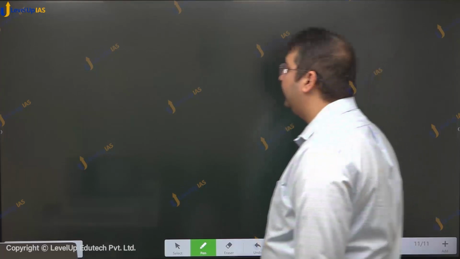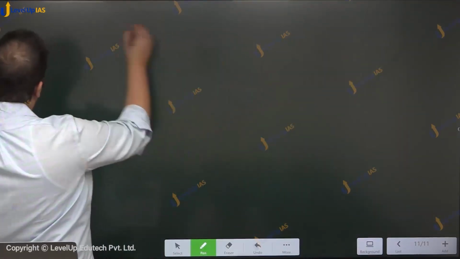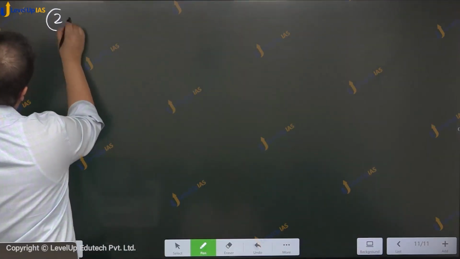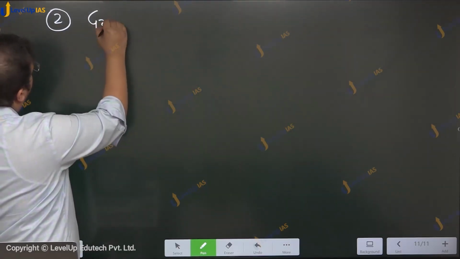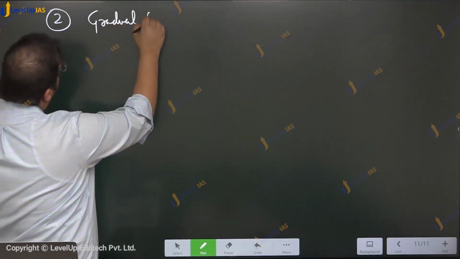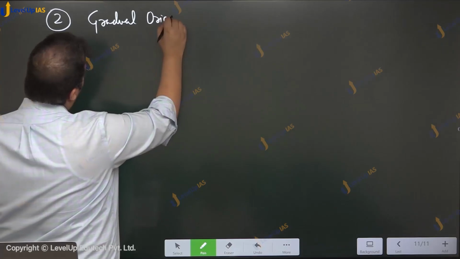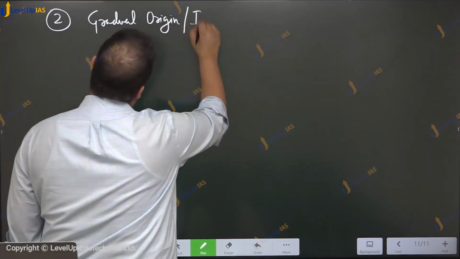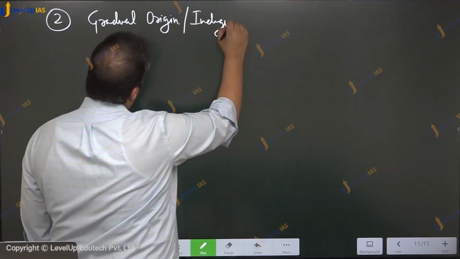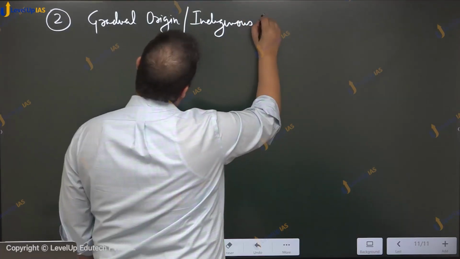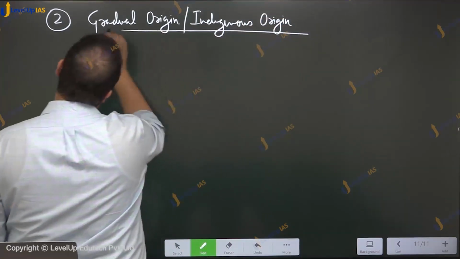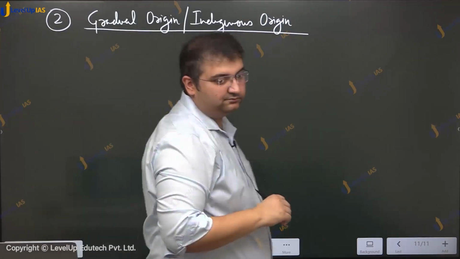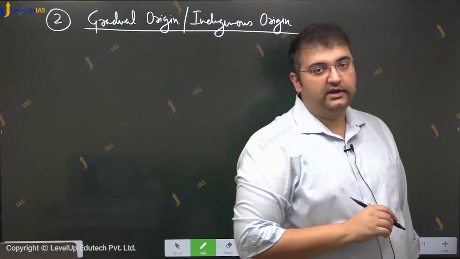What is the second explanation? It is the theory of gradual origin or indigenous origin. What does it state?